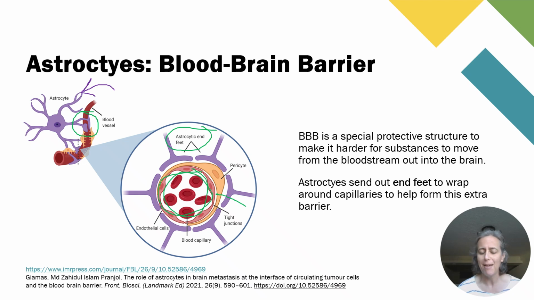So, of course, we're going to have mechanisms for those. But remember that oxygen and carbon dioxide can freely pass through plasma membrane. So that's not going to be an issue there. So job number 1 of the astrocytes is to contribute to the blood-brain barrier with their little end feet that they put out and they put around the walls of the capillaries, which is just kind of really cute.